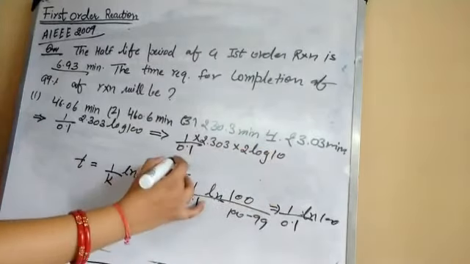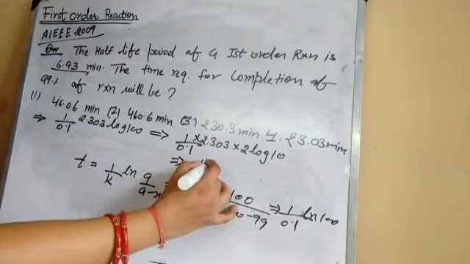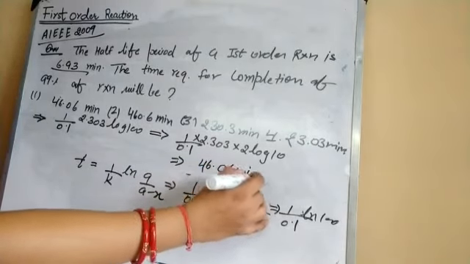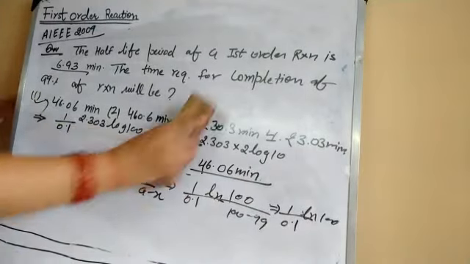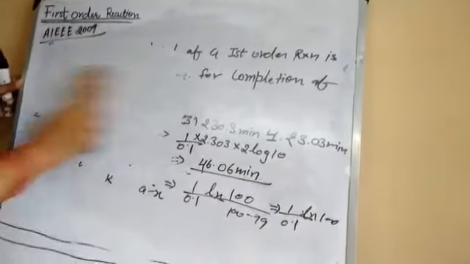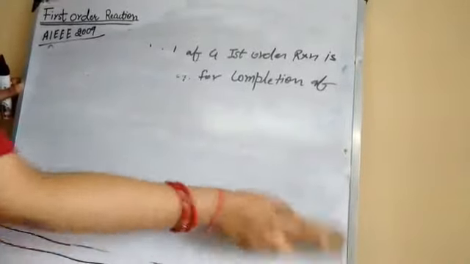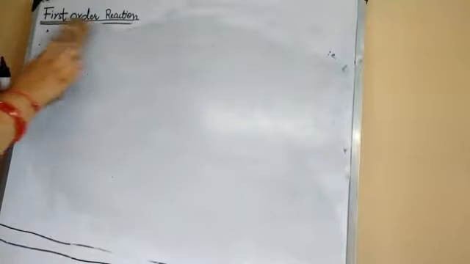Log 10 is equal to 1. So after using this, you will get the value 46.06 minutes, right? So this will be your answer. So in this way you can calculate the numerical. You just need to know the formulas.